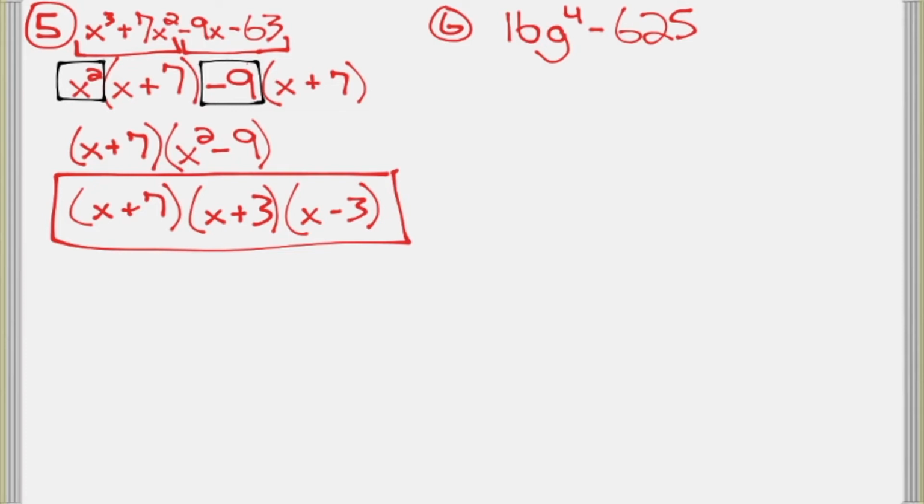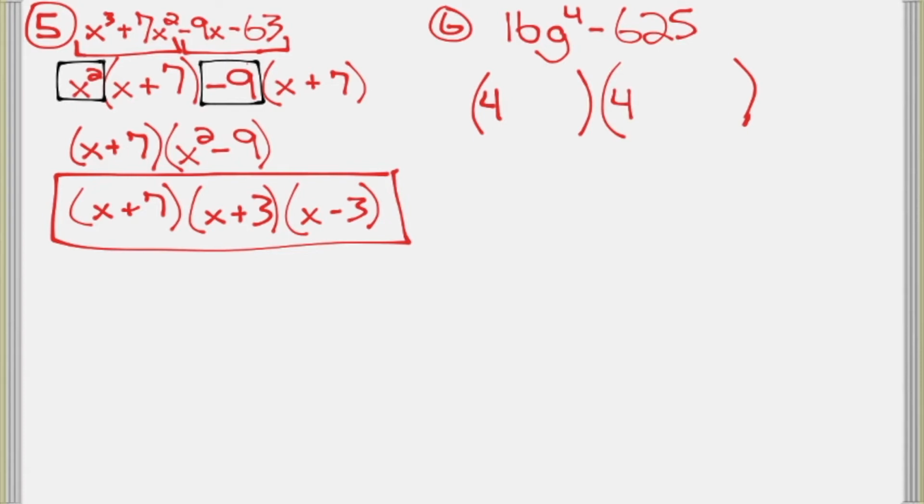Well, if you're looking at the first term, it's 16g to the fourth. So in order to square something to get 16, I hope we all recognize that that's 4. Right? 4 times 4 is 16. Then you think about, okay, what do we square to get g to the fourth?